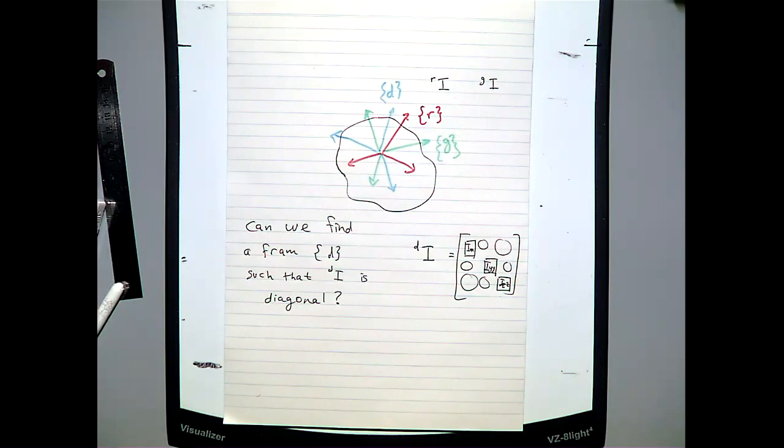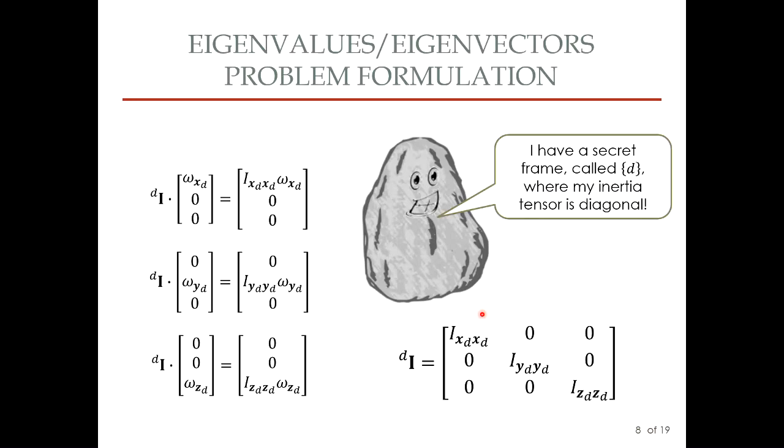All right? So this is where we are going to, and what I'm looking for, having this diagonal inertia tensor in this magic frame D, that I claim exists, or let's say at least so far we suppose exists. So what happens when we work in this frame D?